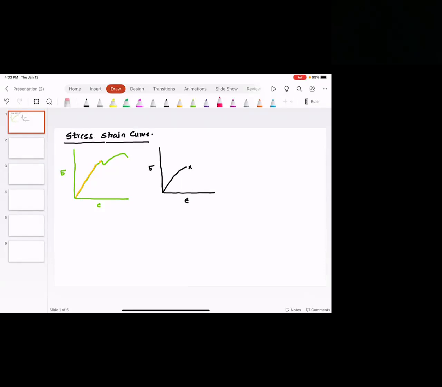In the elastic region, stress is proportional to strain. And the constant of proportionality is called the Young's modulus. E is equal to stress divided by strain. It is called Young's modulus.